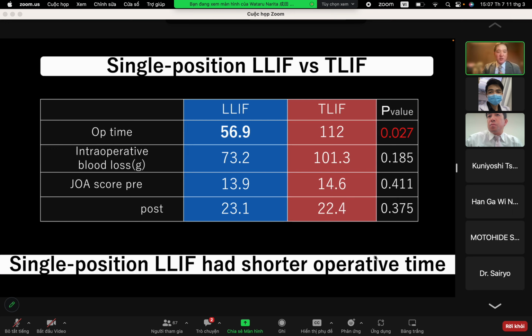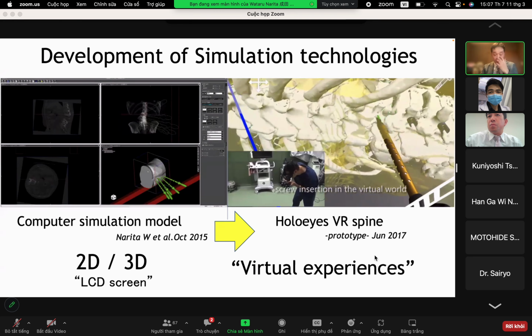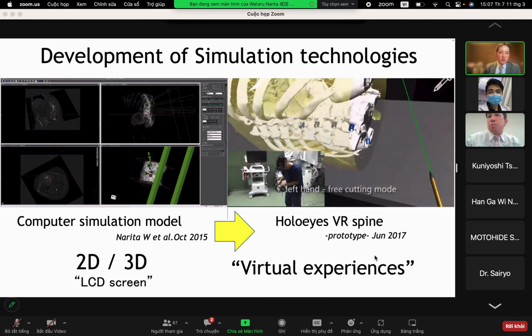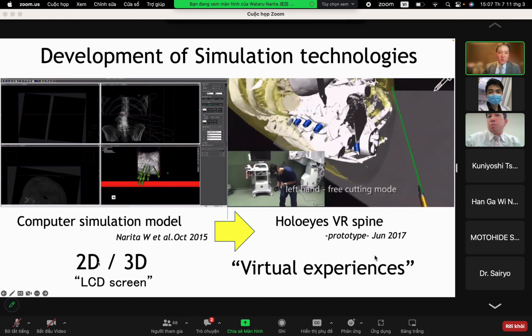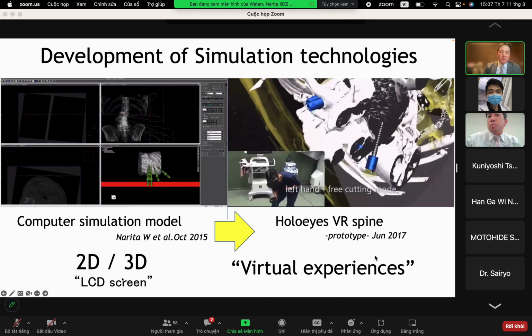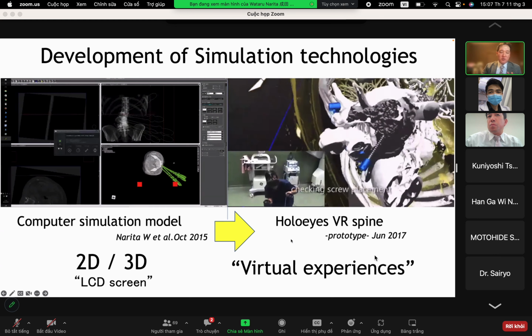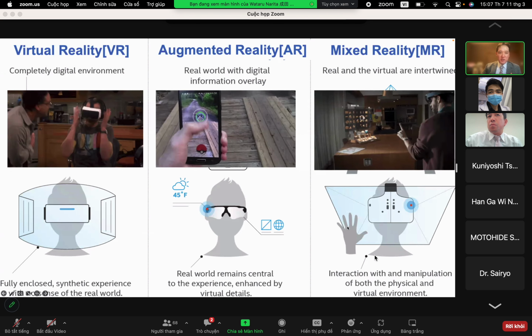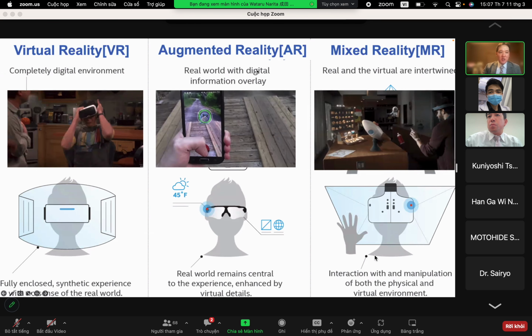Next is the VR topic. From the 2D screen to VR, now I say XR, extended reality. This is the definition of XR, extended reality.